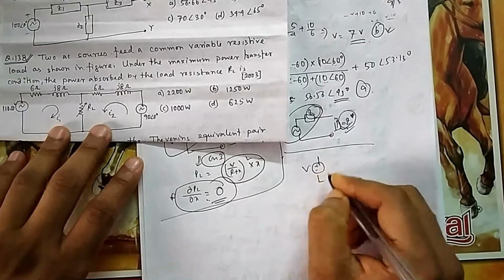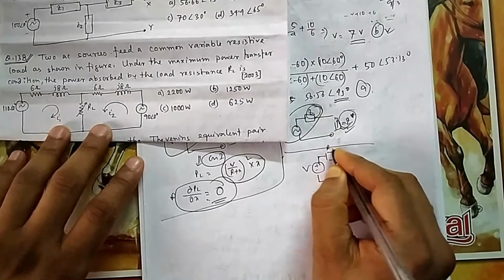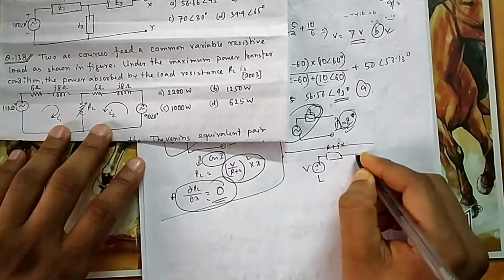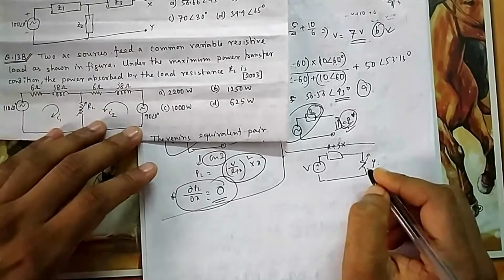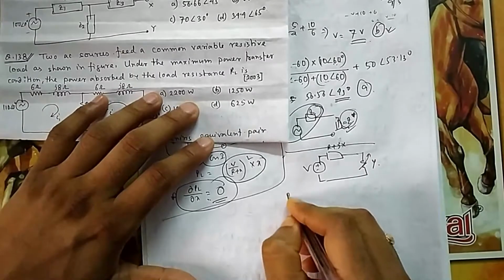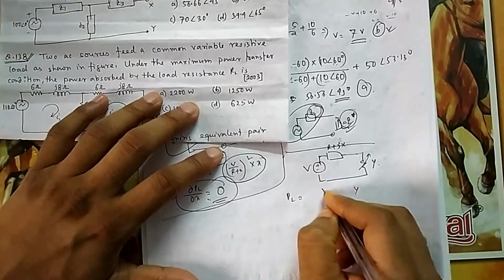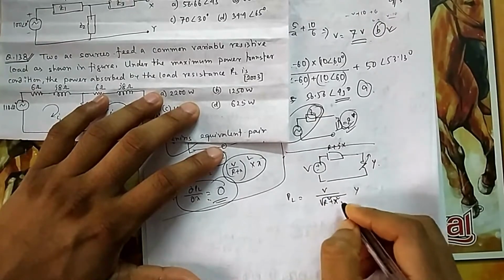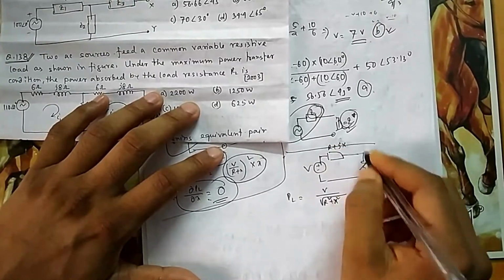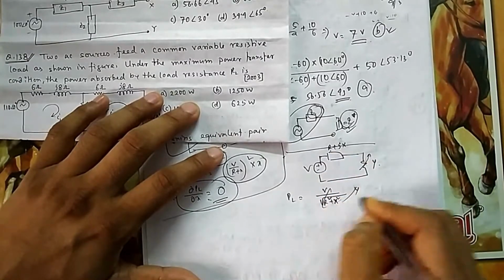Suppose you have a fixed voltage source and you have a Z which has a fixed R plus JX. Now you have a variable Y, suppose. So what should be your current? What should be the power? So what is the power flow here? I squared. I is V by under root of (R plus X squared), and if you add this, then it is (R plus Y).